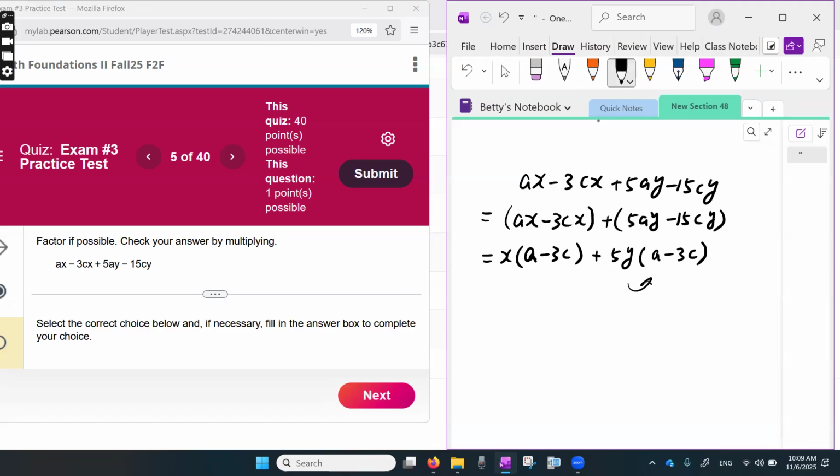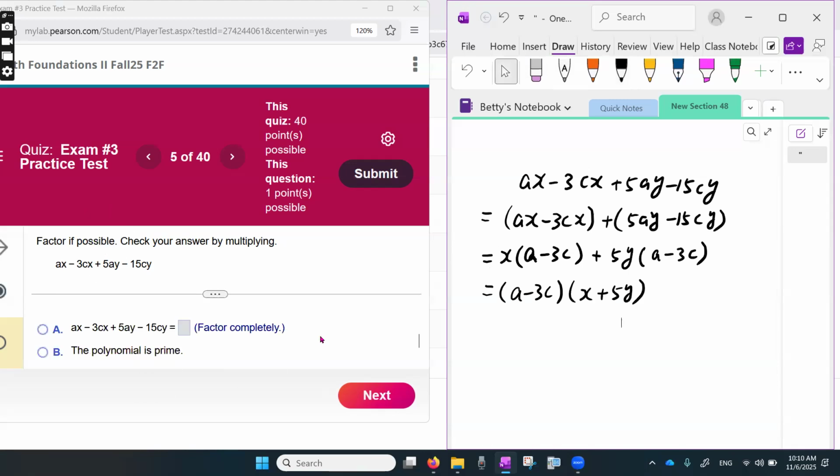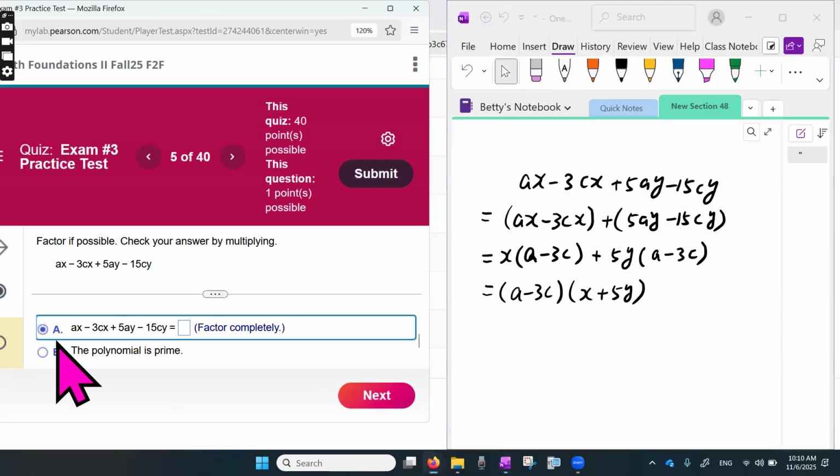Double check if you are not sure. 5y times a, 5ay, 5y times 3c, 15cy. Okay, everything looks good. So we are going to factor out this common binomial factor, a minus 3c, and the leftover is x plus 5y. All right, enter the answer here. Is factorable.